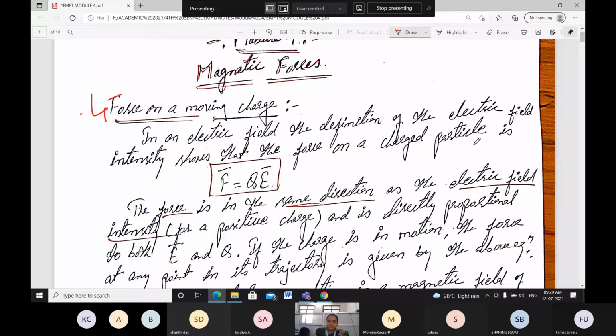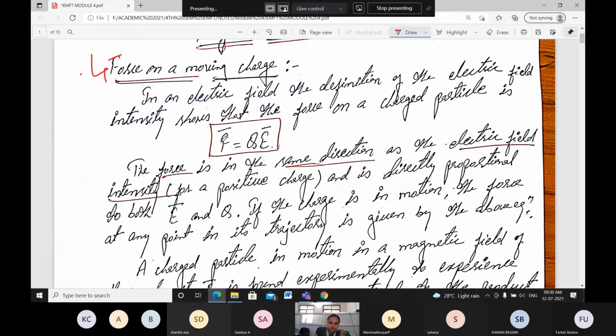The force depends on the charge it has and the electric field intensity produced. So the equation I can write here is F equals Q into E. Force is a vector, and electric field intensity is also a vector. The force is directly proportional to the electric field intensity, which means the direction of the force depends on the electric field intensity.